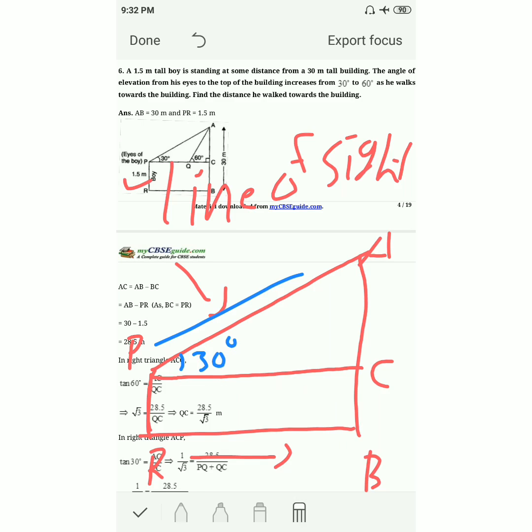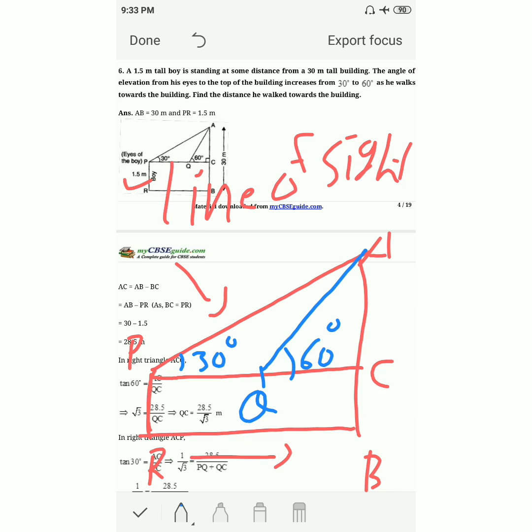Now suppose the boy walks towards the building and reaches point Q, and from point Q the angle of elevation is 60 degrees because it is given in the question. If the boy walks towards the building, the angle of elevation increases from 30 degrees to 60 degrees.